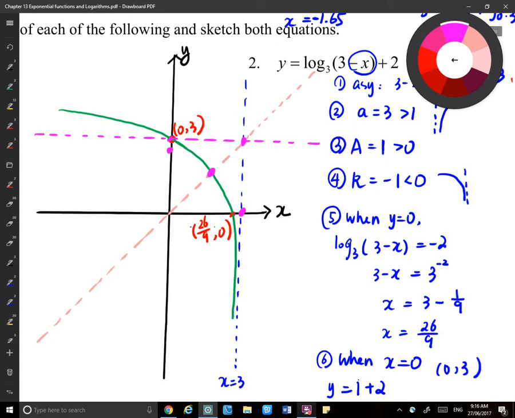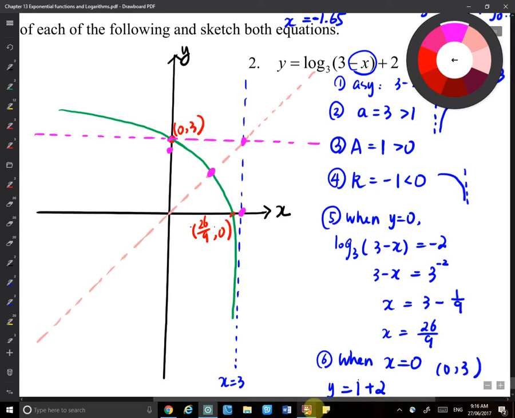If the original graph has that point, then the inverse will have that point as well. Therefore, the graph will be, again, one point, one point, one point, and then reflected, that's the asymptote. Okay, that's the shape of the inverse graph.